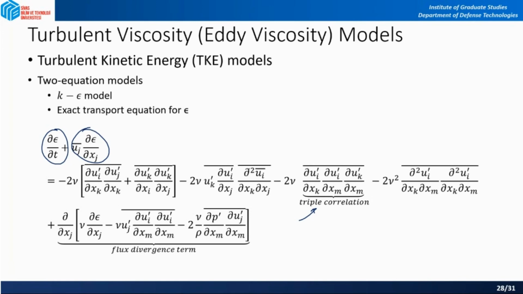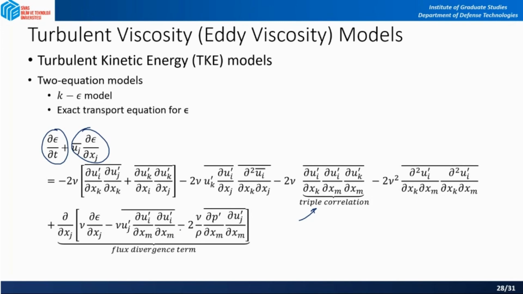So, first of all, since we do not aim for an instantaneous flow solution, we do not have any of the terms that you have in here. These are all instantaneous ones. The triple correlations, the divergence terms and so on.